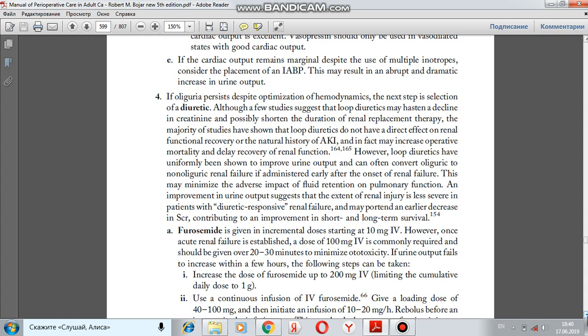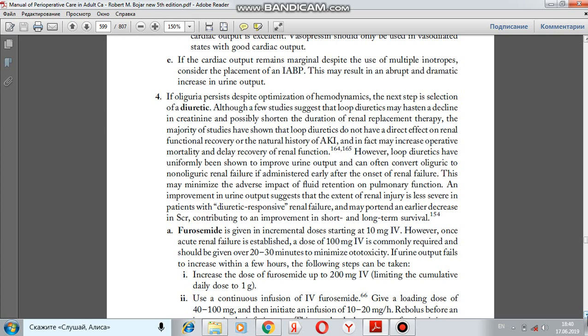However, loop diuretics have uniformly been shown to improve urine output and can often convert oliguric to non-oliguric renal failure if administered early after the onset of renal failure. This may minimize the adverse impact of fluid retention on pulmonary function.